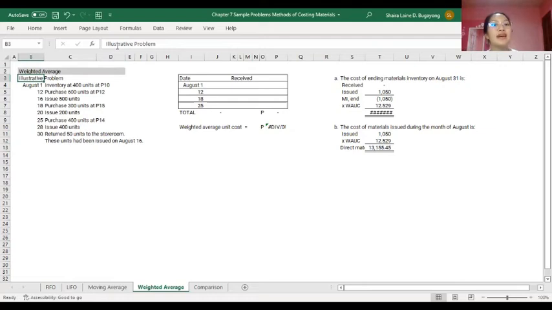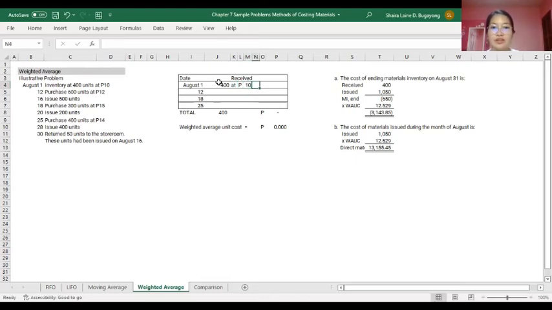Okay, so for weighted average, we only need to compute for the weighted average unit cost, which is ang total number of units nga i-purchase na to and the beginning also. So on August 1, di ba naa tay inventory at 400 at 10 pesos.